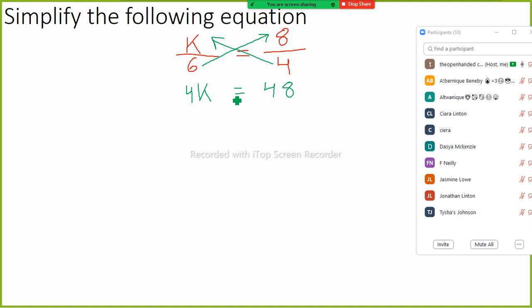What's the next step that we do after this point? Sierra, what do we do at this point? You divide 4 on both sides. Divide 4 on both sides. Very good.